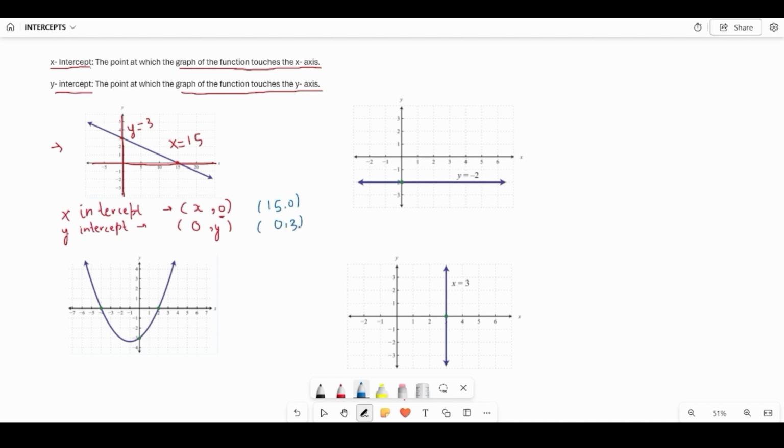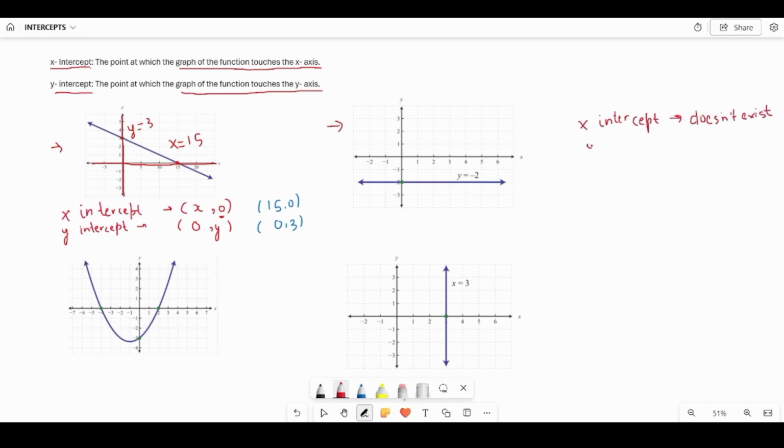That's all. So we will be doing some more questions here so that you can understand this in a better way. Now let's do this one. Here you can see that the graph of this function is not touching the x-axis at any point. That means here x-intercept does not exist.